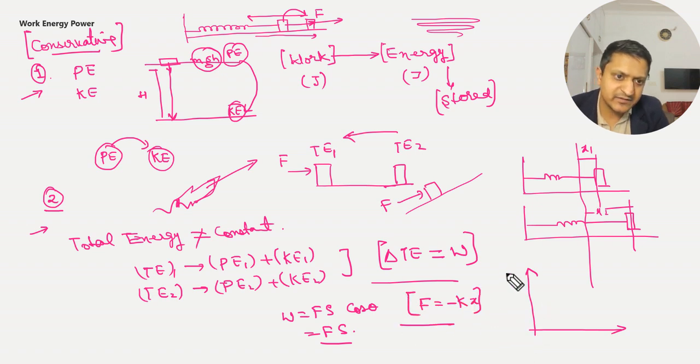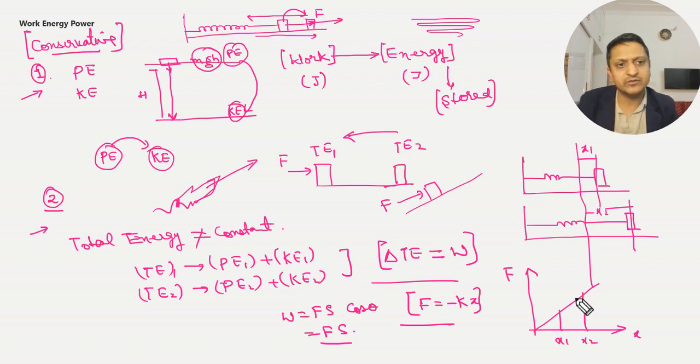So in this case there will be F versus x, and this will be from x1 to x2. There would be a question like, from x1 to x2 the object is moving, so this will be the work done, and this will be the energy stored.